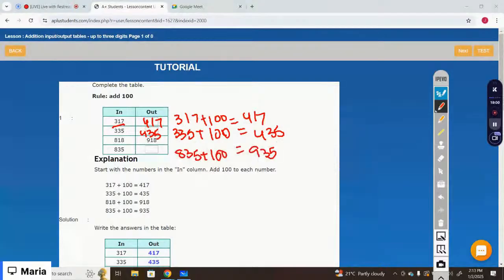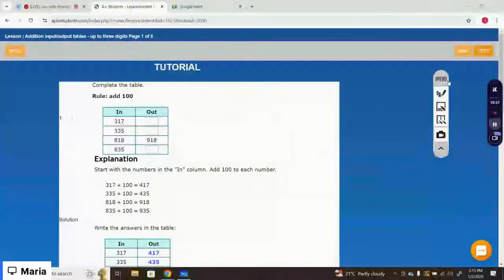So basically you have to use the rule. You have to add the rule to each input value to calculate the corresponding output value. Got it? Let's start with the test questions.